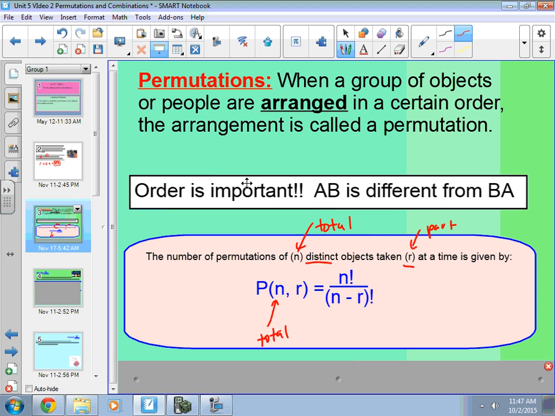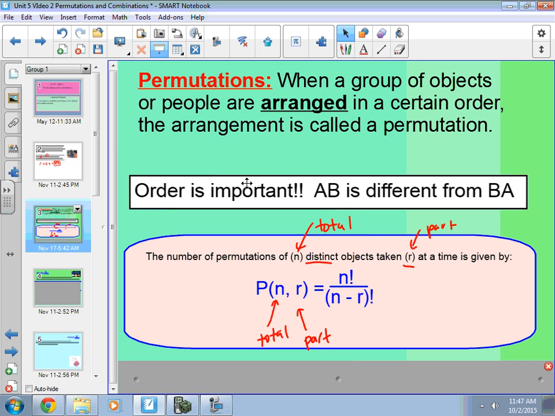How many are you taking? What's the smaller part of the total that you're taking? And how you find it out is this little formula. Notice you see that exclamation point, or factorial, so you do n factorial, the total factorial, divided by n minus r factorial. And you can figure out the number of possibilities.